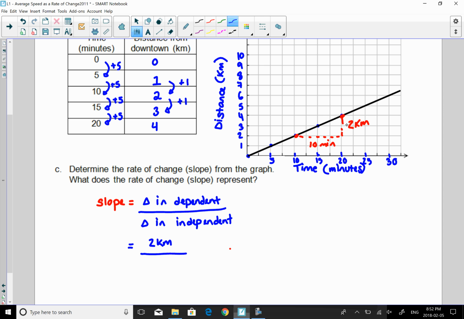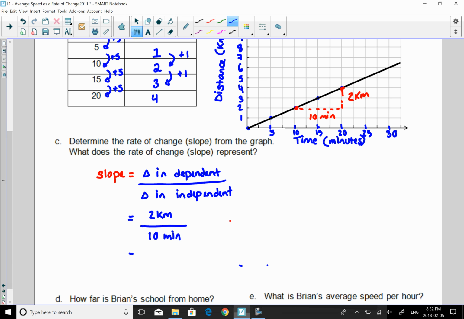It's our y variable. It's the one that goes up and down. And our independent is 10 minutes. So we have 1 kilometer and 5 minutes. So I just reduced it. And to get an actual speed, you can just divide it out to say it's 0.20 kilometers per minute.